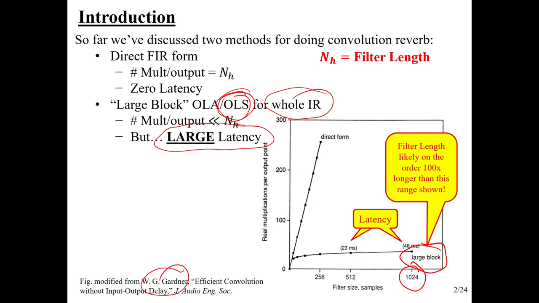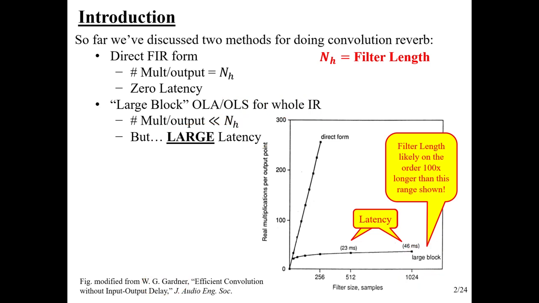If you think about a sampling rate of 44,100 samples per second, usual reverb lengths are 100 times that. So 100,000 samples, something like that. That would be a roughly 2-second long impulse response. And that's not unusual for some rooms that we're interested in.